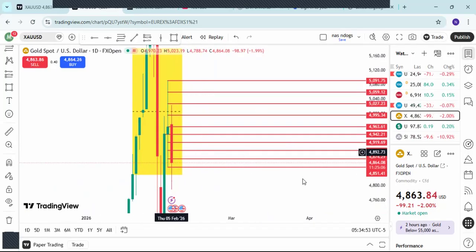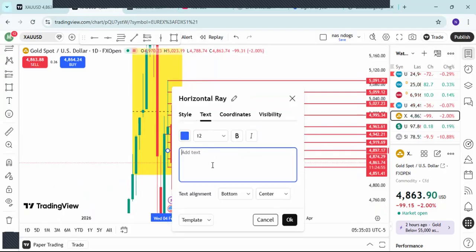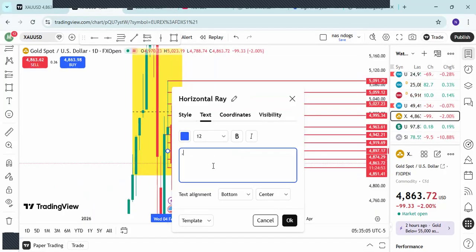Remember, this is a daily chart, guys. So you see these lines, everything has a label. Let me do that. 1, 2, 1, 2, 3. This one is 0.5, 0.5, 0.5.